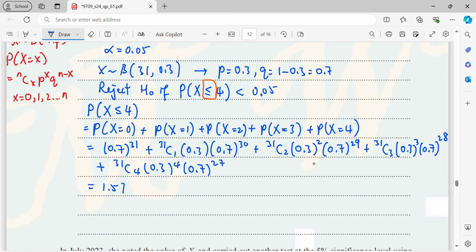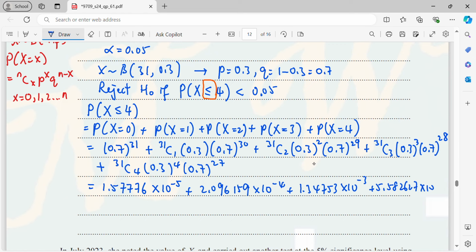If I write down all the individual values, you will be getting this. Okay, then here is going to be 0.0239 when you round up.